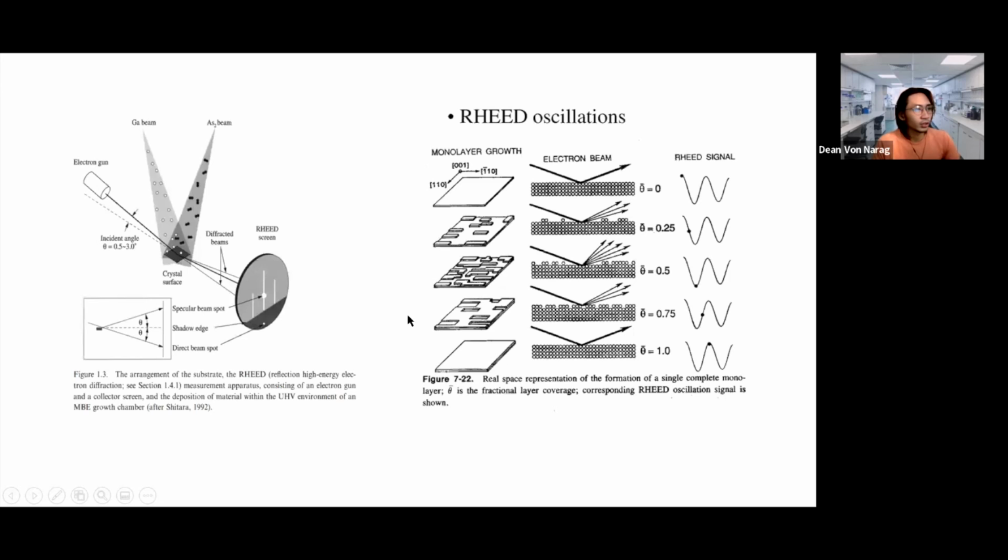So for the RHEED, this is actually a very useful tool in MBE in particular, since we can perform in situ characterization of the material while it is growing. So we have this thing called RHEED oscillations.